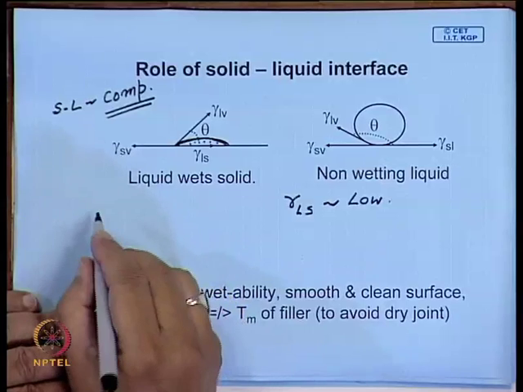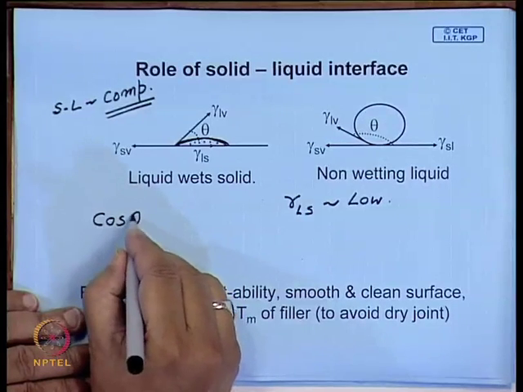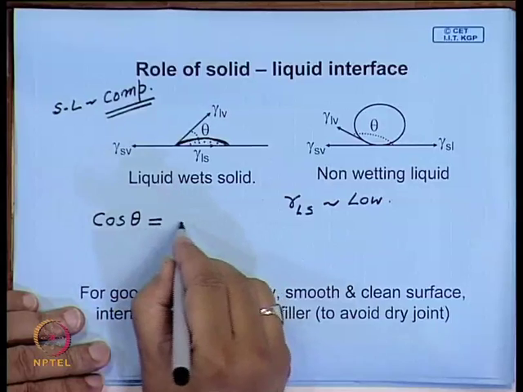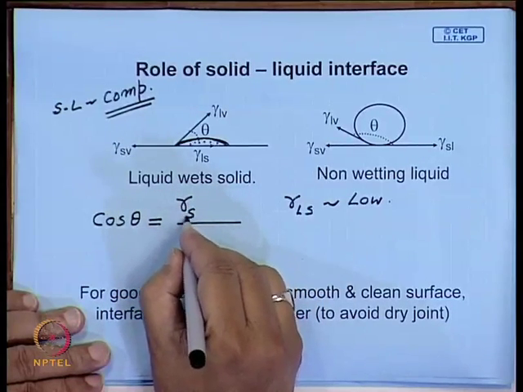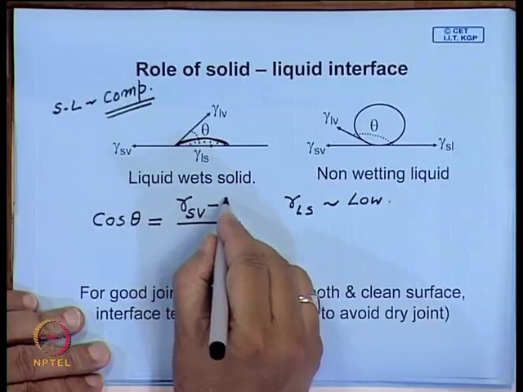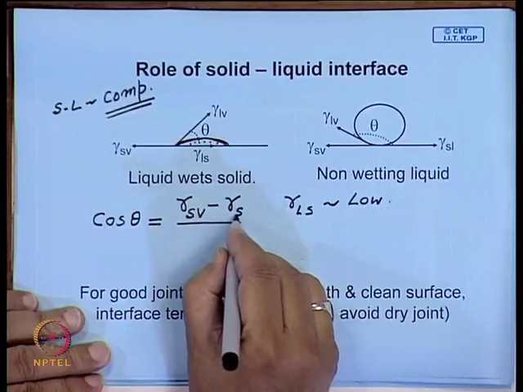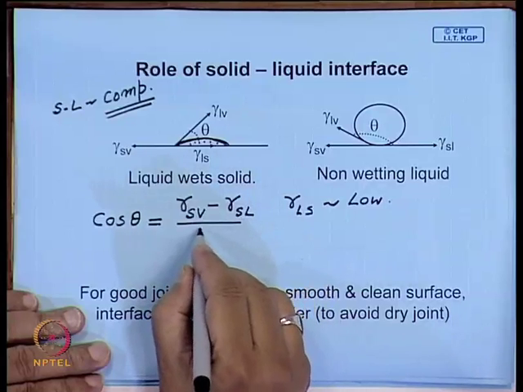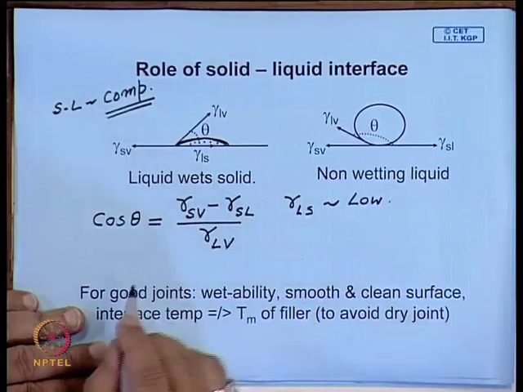So, if you look at the expression for cos theta, which is gamma SV minus gamma solid liquid over gamma liquid vapor.